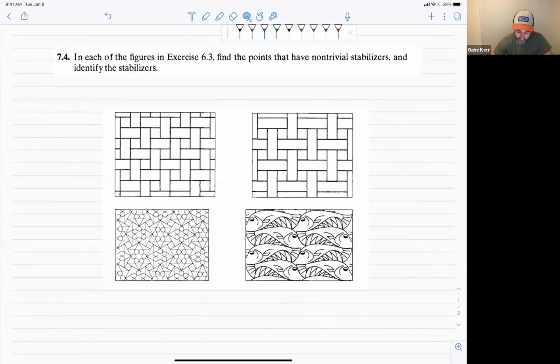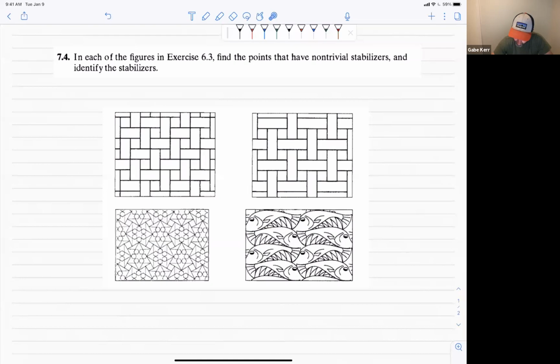So you could have a point like this, and I guess this point has a non-trivial stabilizer given by rotation by 180 degrees or reflection. Looks like there's some axes of reflection here. So there are some points that are not exactly on the figures.